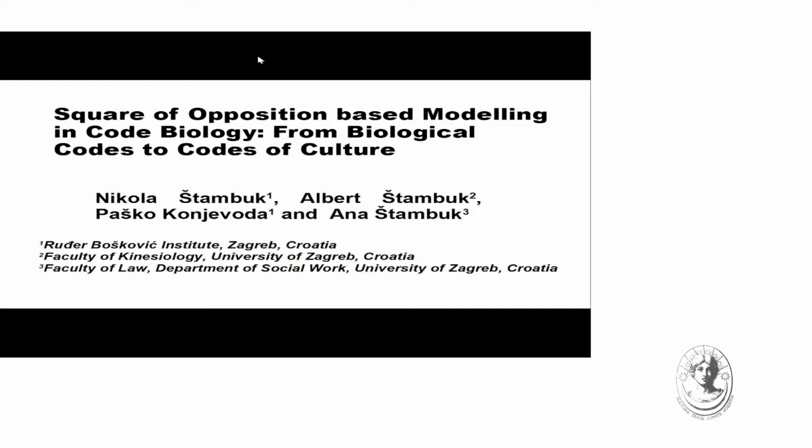Okay. My second talk will be on square of opposition modeling in code biology, from biological codes to codes of culture. Why? Because we have some data that Anna did some time ago, and we were working together on them, me, Paško, and Albert, who also pushed the problem of semiotic squares into our focus.